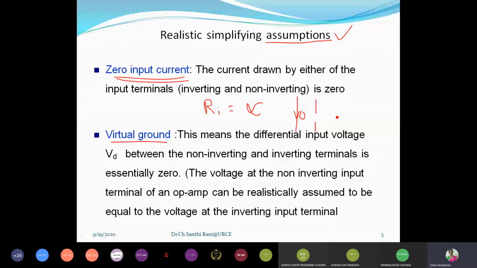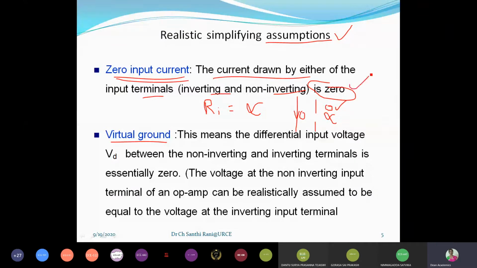When there is open circuit, resistance is infinity and current will be zero, right? So now the input impedance of the op-amp is infinity. Therefore, the current flowing at the input terminals is zero, between these inverting and non-inverting inputs. So zero input current: the current drawn by either of the input terminals, inverting and non-inverting, is zero.